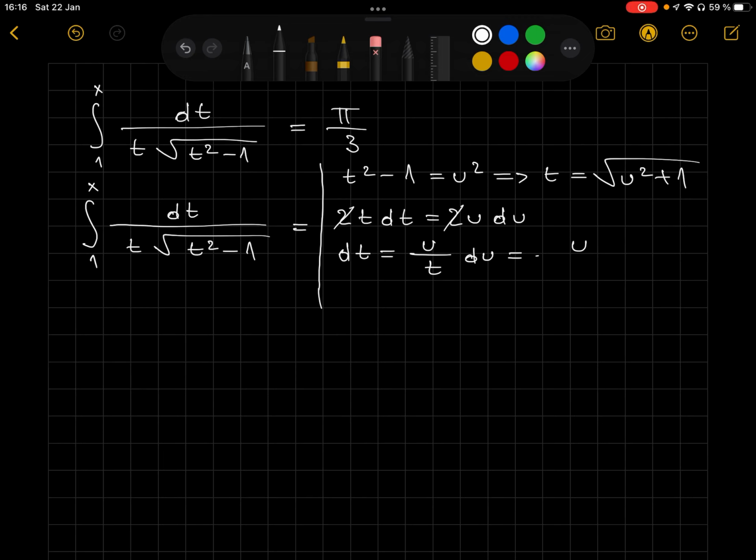So thankfully we already have that in this part. So dt is equal to u over the square root of u squared plus 1 du.